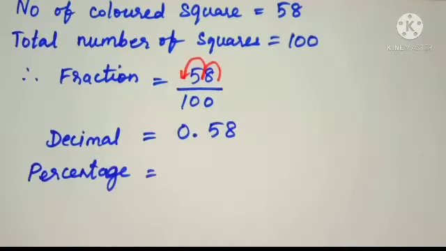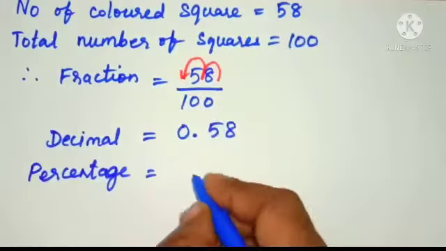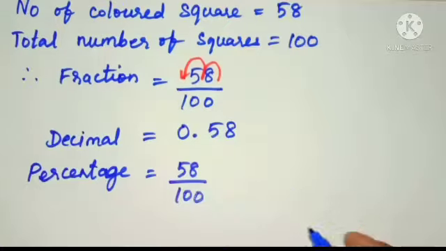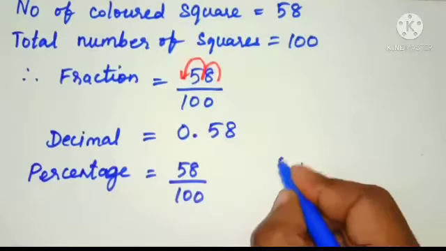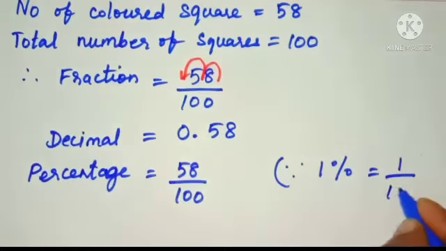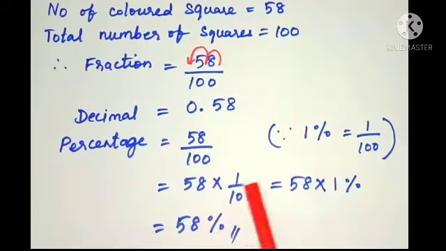How to write the percentage from the fraction? Write the fraction 58 by 100. We know that 1% is equal to 1 by 100. Therefore, 58 into 1 by 100, and 1 by 100 is 1%. 58 into 1 is 58. So, percentage is equal to 58%.